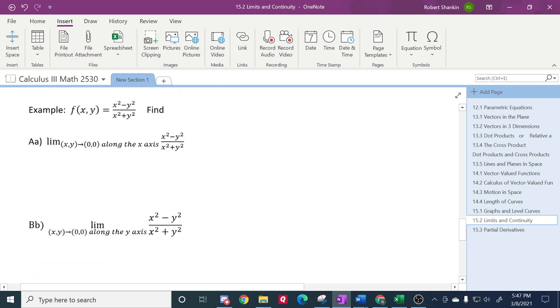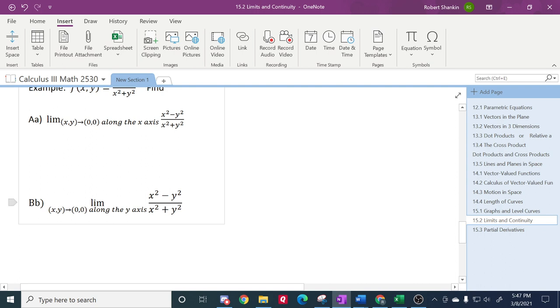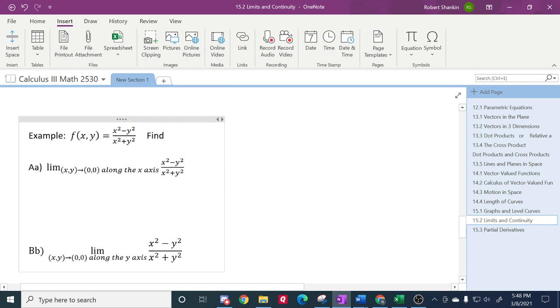It looked better in this next one, the limit as (x,y) approaches (0,0). There are 2 ways that we can do it. One is along the x-axis. There are other ways we could do it as well, but we're just looking at these 2 ways. And now we're going to get the same limit if we approach the point (0,0) from either direction.